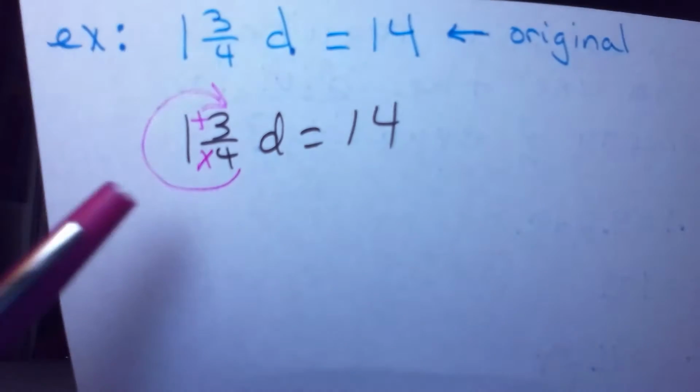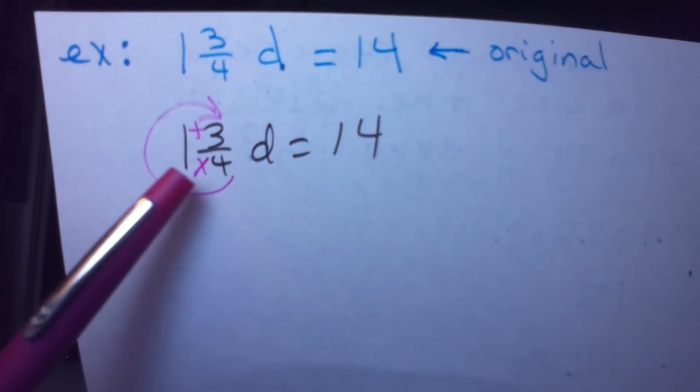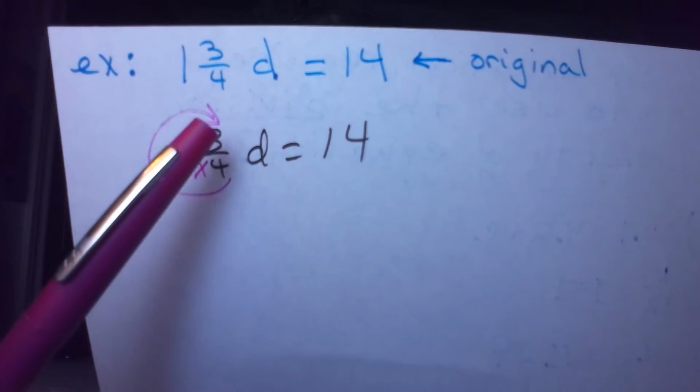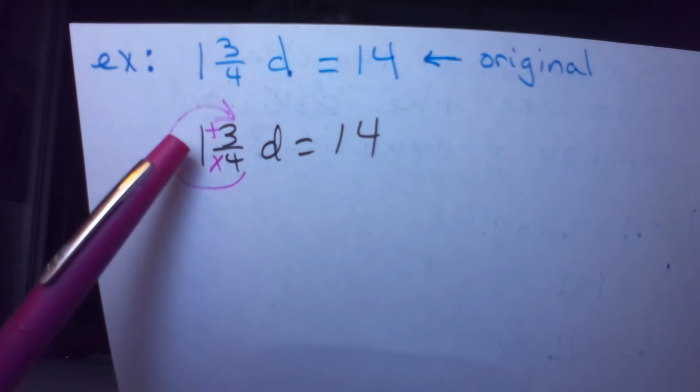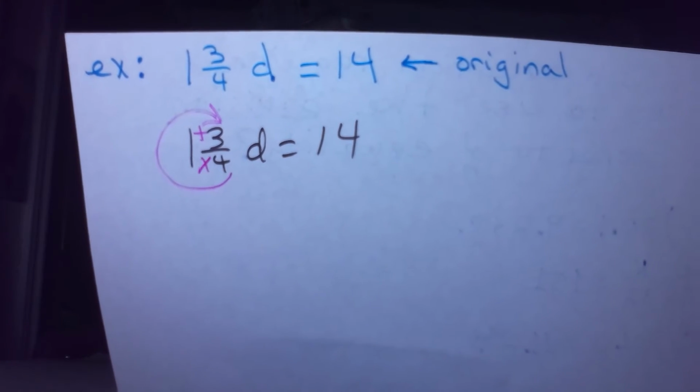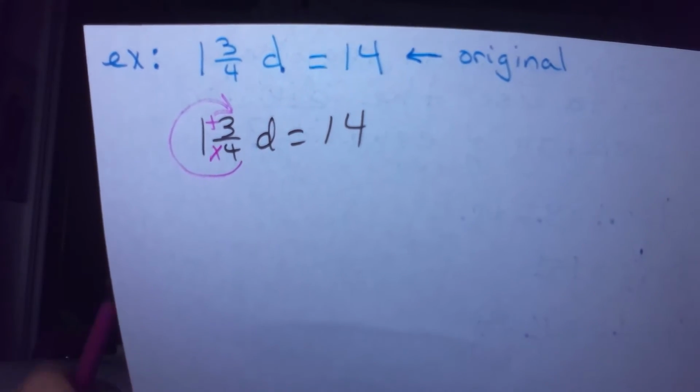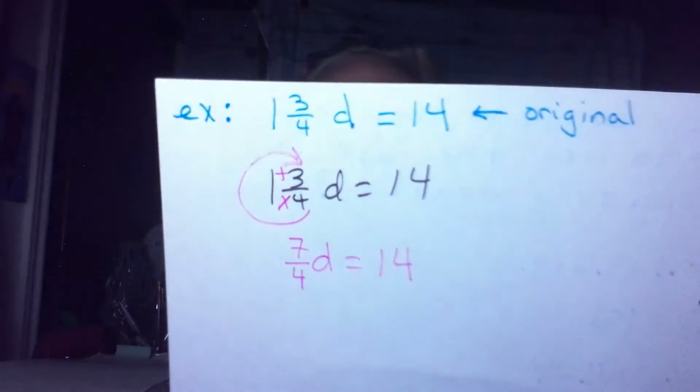To change, I say to myself, 4 times 1 plus 3. Well, 4 times 1 is 4, plus 3 is 7. So my new numerator, or top number, is going to be 7, and those tricky denominators, they never change. And then I just bring the rest of the math problem down.